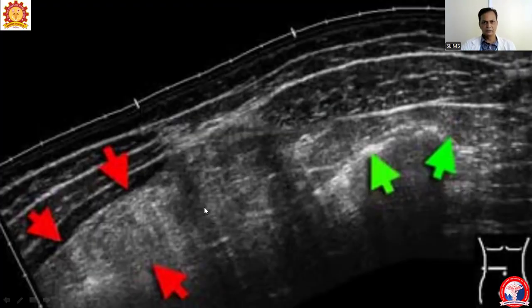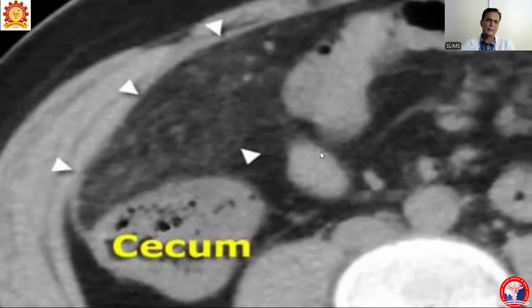Here we are seeing fat stranding in here. Here, a small amount of air is trapped. On CT scan, what we are seeing is cloudiness here, that's increased density, whereas uniformly it is like subcutaneous fat or peritoneal fat in other normal regions.